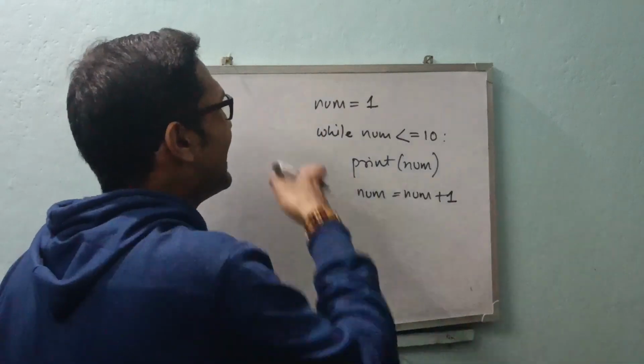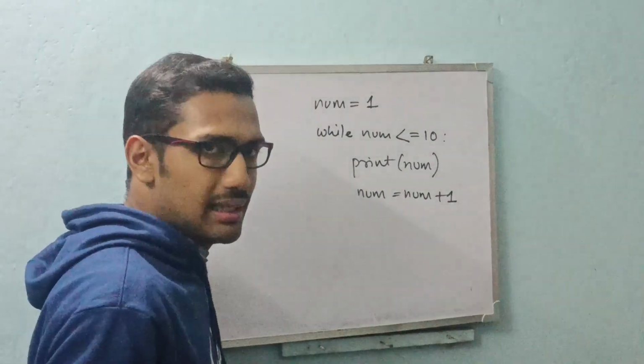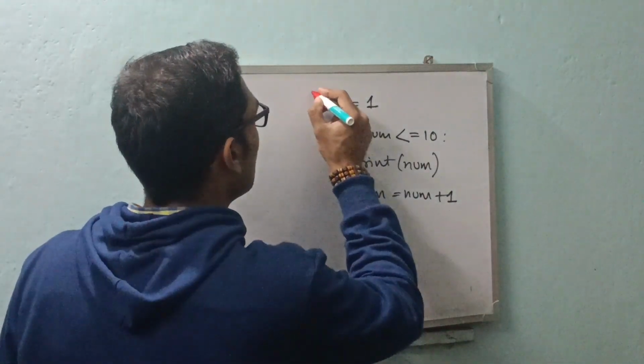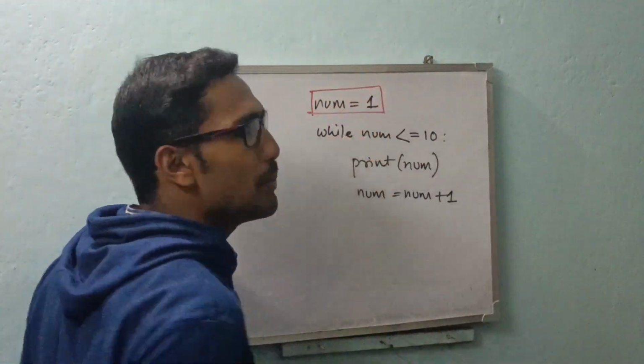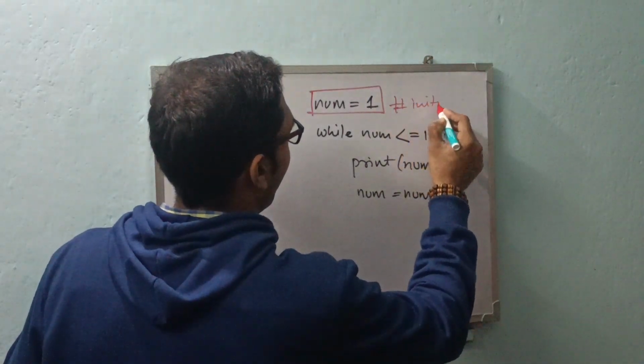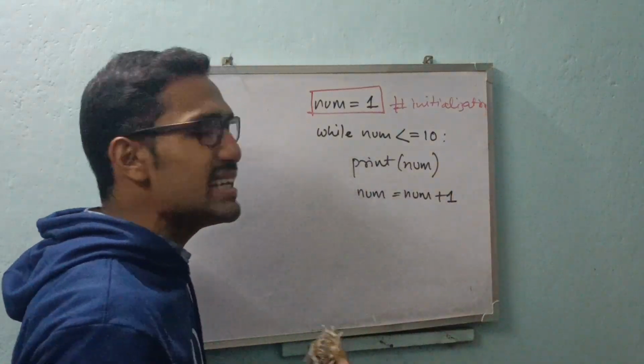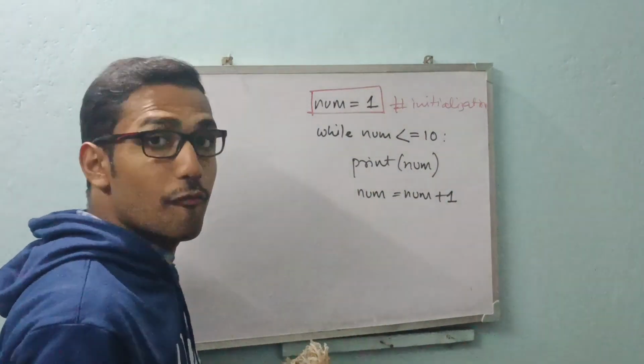Now let's understand each and everything of this loop. See, this particular statement is the initialization one. Why?